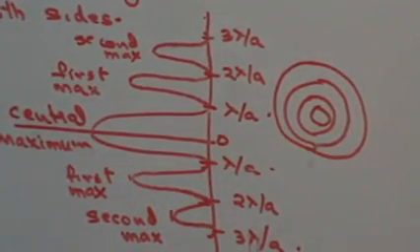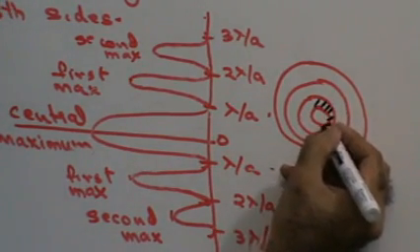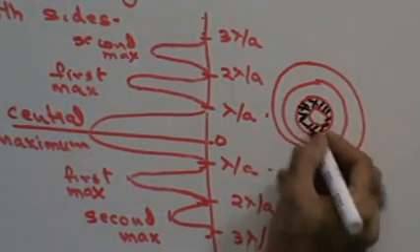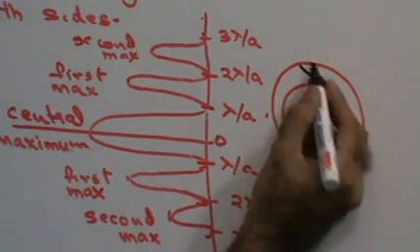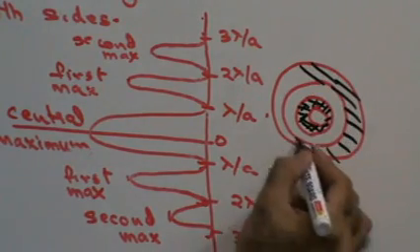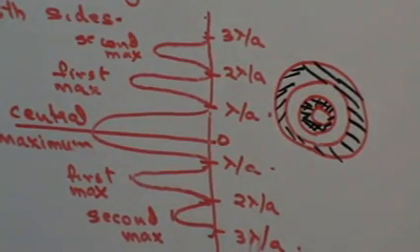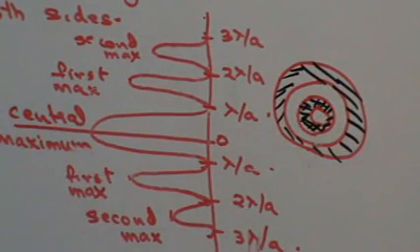So there would be a dark ring, a central maximum bright band, then a dark band, and then again a dark band here. That would be my top view of this, right? And the brightness here, this is my first maxima, would be less than the central maxima. So the top view of this is going to be this way. Fine, do you understand this?